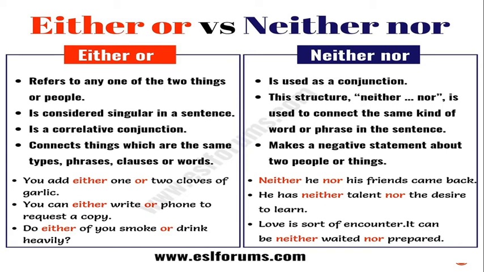Either or connects things which are the same type of phrase, any one of the two. But neither nor makes a negative statement about the two people. You add either one or two cloves of garlic. Neither nor, using that: neither he nor his friends came back.